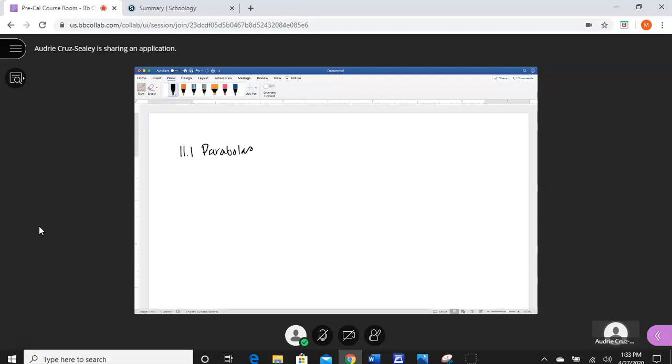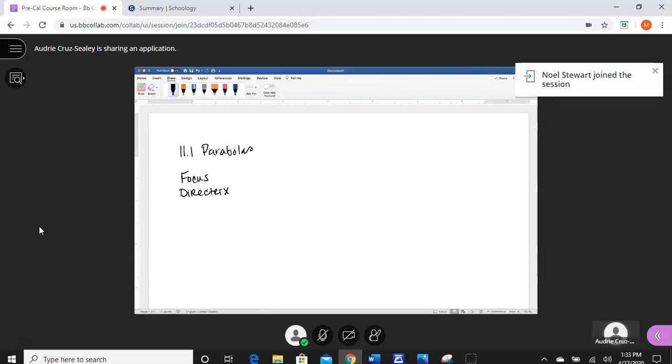Now, how are parabolas made? A parabola is the set of all points in the plane that are equidistant from a fixed point called the focus, and a fixed line called the directrix.